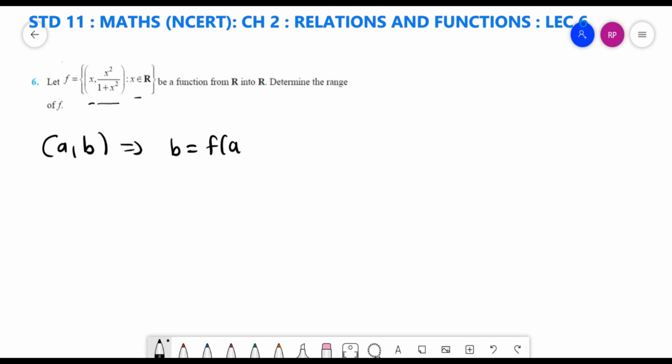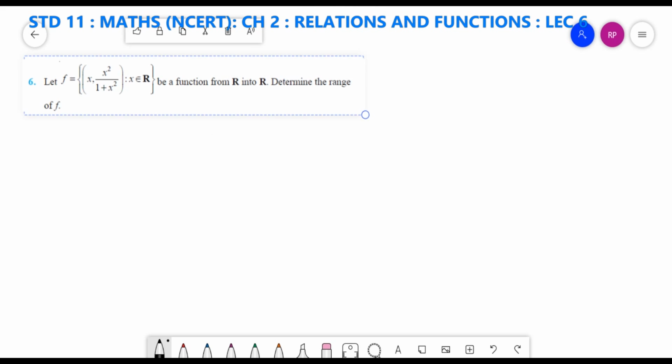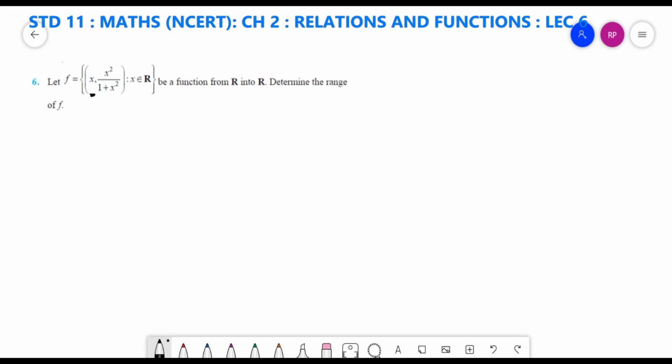Clear? So now see here, I can see x. So what is this? f of x. Here f of x will be equal to x square upon 1 plus x square. Now you are being asked to find out the range of f. Clear?